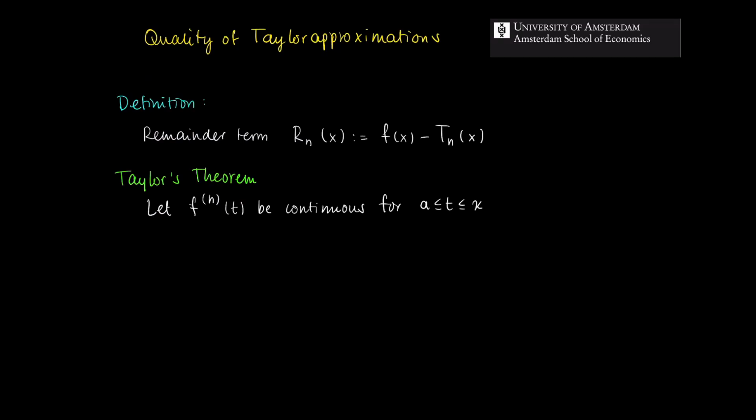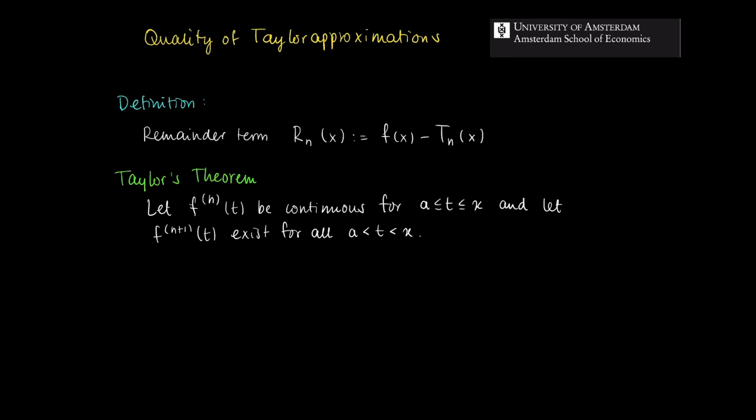So for all t in a and x, this is a continuous derivative. Moreover, suppose that the (n+1)th derivative at t exists for all t in the open interval between a and x. Here we choose x larger than a, but we can also make a formulation of Taylor's theorem where x is smaller than a. It basically functions the same way.